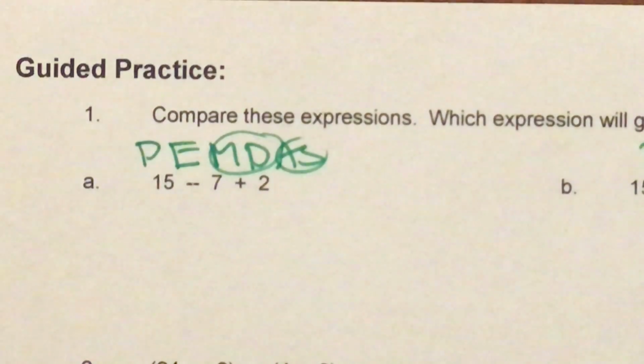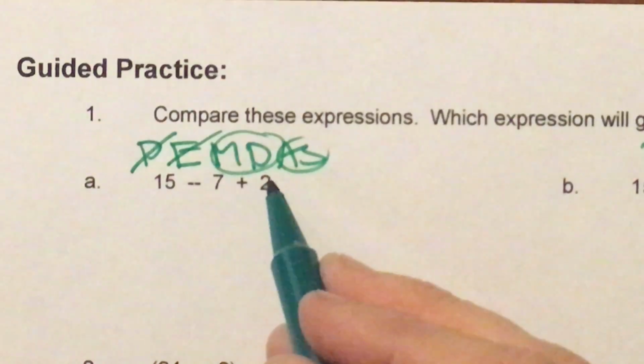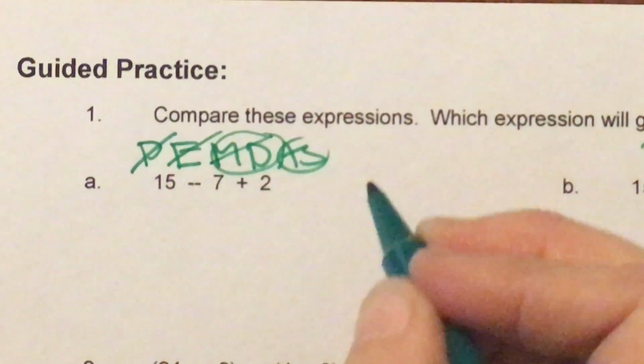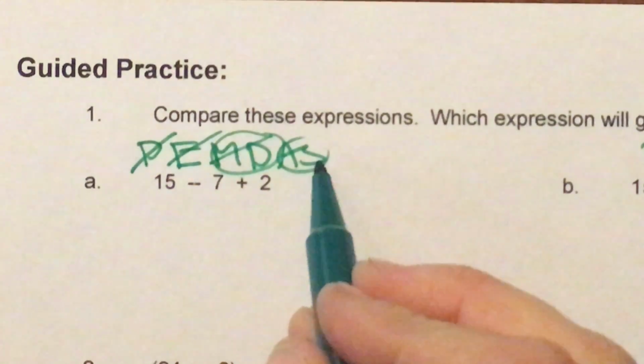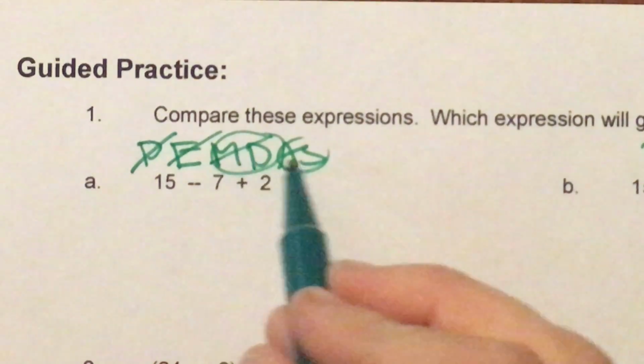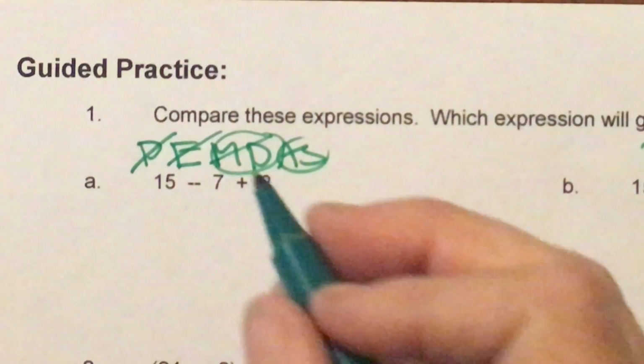Well, I have no parentheses in the first one. I have no exponents. I have no multiplication or division either. I do have addition or subtraction. Now, even though the A comes before the S, remember, because they're a team, I just solve left to right.